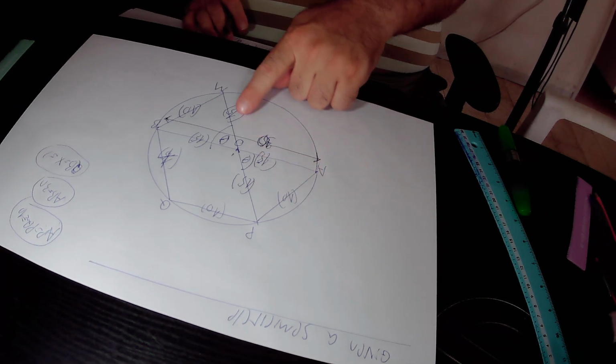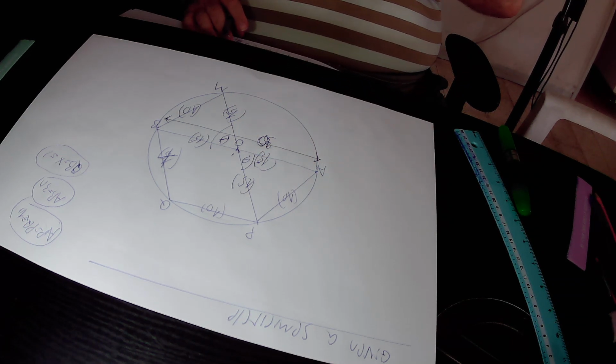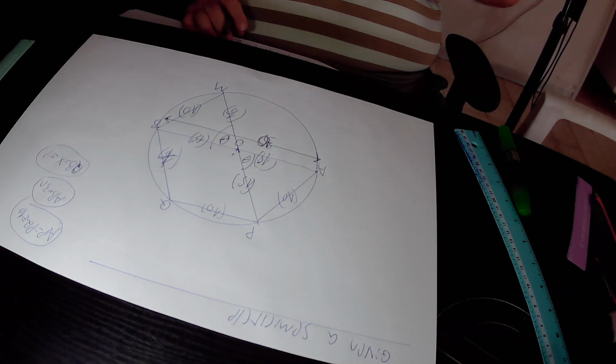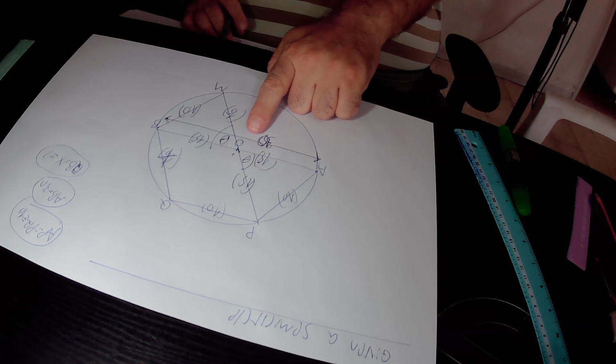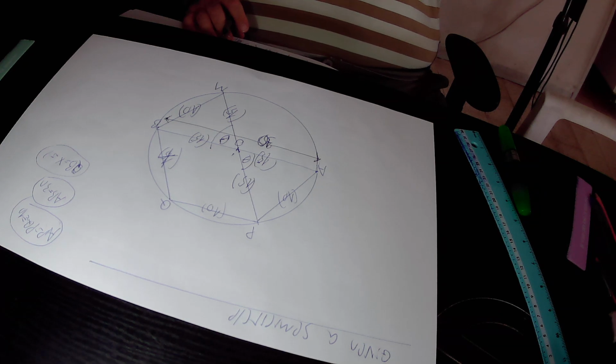This is line segment PM. Chord PM passes through point O, that is the center of the circle, and you know that any chord that passes through the center of the circle must be the diameter of the circle.